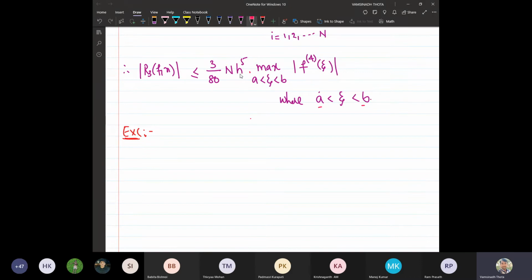With the help of this, suppose the error tolerance epsilon is given to us, then we can decide how many subintervals we are required to get the values below the error tolerance. So this is what we call the error term in the composite Simpson's 3/8 rule.